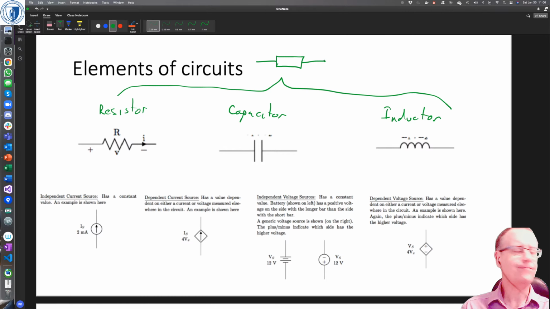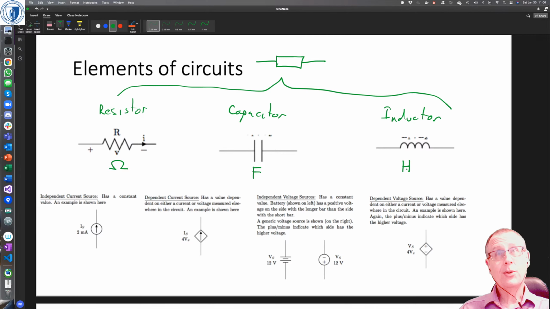A resistor has units of ohms, a capacitor has units of farads, and an inductor has units of henries. We're not going to deal with capacitors and inductors for the first half of this course. I'm going to introduce them about halfway through because I want to deal with resistors first.